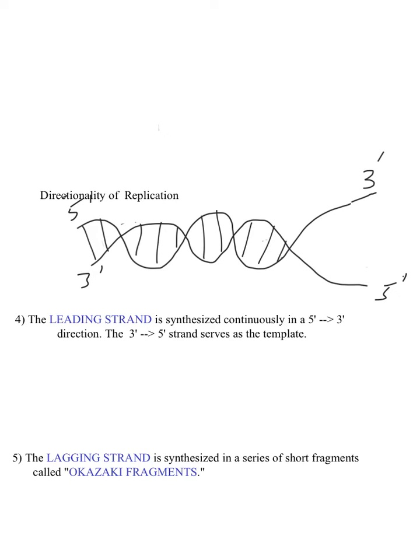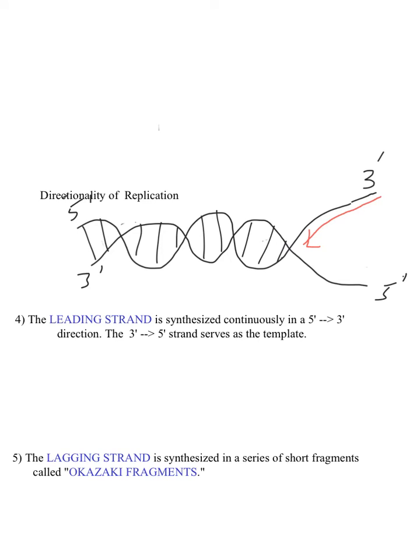Thus, the so-called leading strand is going to be synthesized and created continuously from the 5' to the 3', or at least the new 5' to 3', using the 3 to 5 as an old template, and we'll go continuously in this direction. No problem. But the lagging strand has to go in the opposite direction and has to be copied in a series of short fragments.